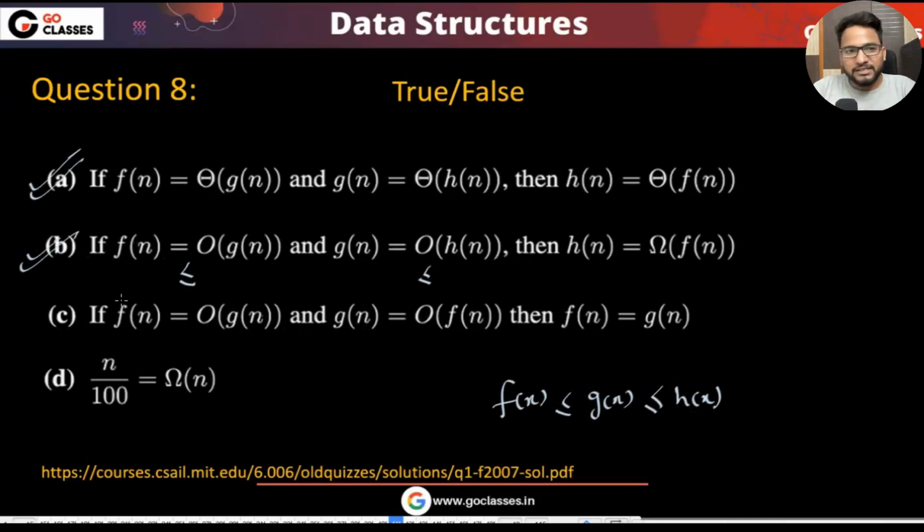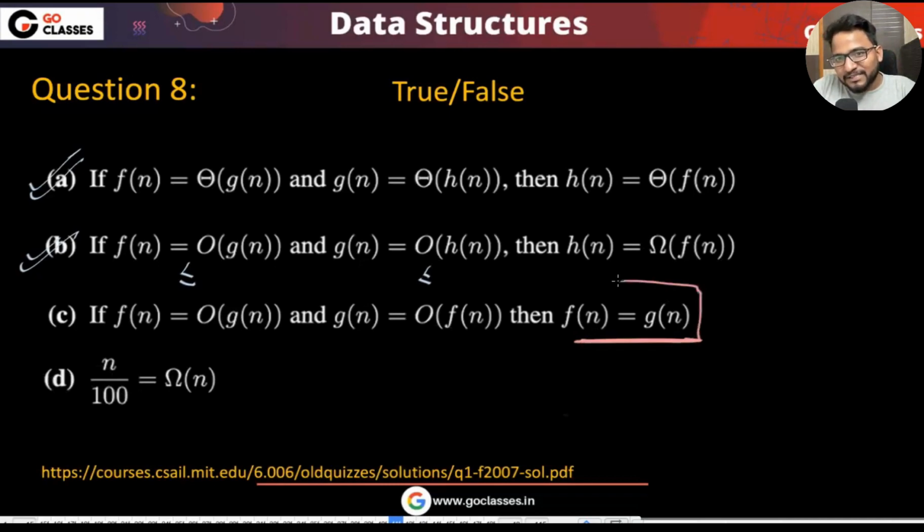Tell me this C, without looking at the answer. See, they are theta. They are not equal. Tell me, is this the asymptotic or the normal comparison?